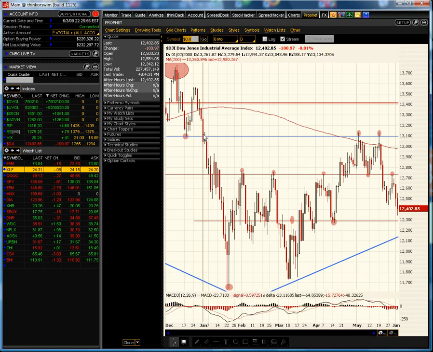Institutional investors, big money managers, are selling stocks that they no longer want in their portfolio. Then they start buying other stocks, other sectors. And in order for us to be successful in the market, we have to understand why these fluctuations take place.